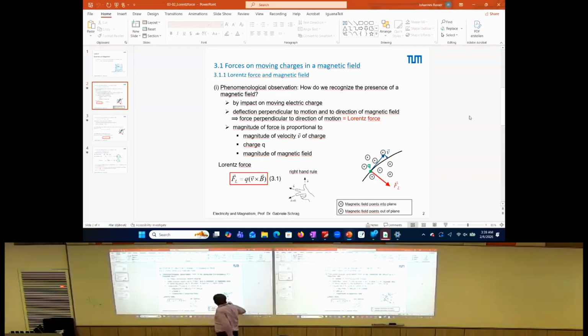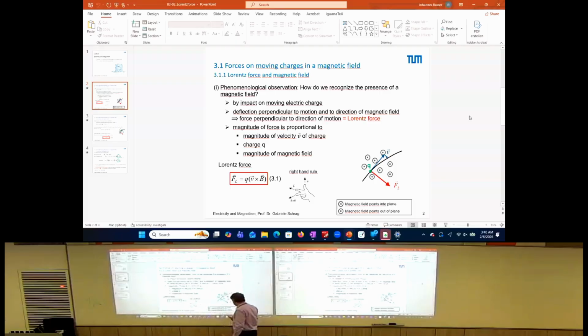You see that you have the motion of that particle in the V direction, and the force is perpendicular to both the direction of the B field and the direction of the moving particle.